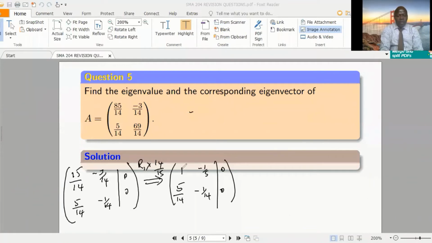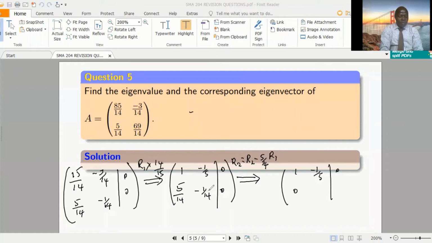Having created a leading one in this position, I want to use it to clear this other element, make it 0. That means I want to get a new row 2 by taking the current row 2 minus 5 out of 14 multiplied by the current row 1. When that happens, row 1 remains the way it is, but now this becomes 0, because it's 5 out of 14 minus 5 out of 14.